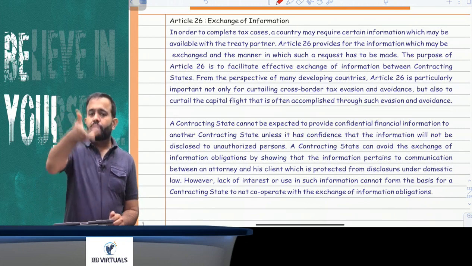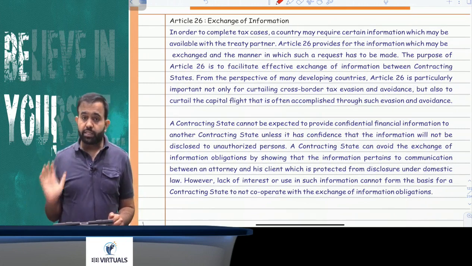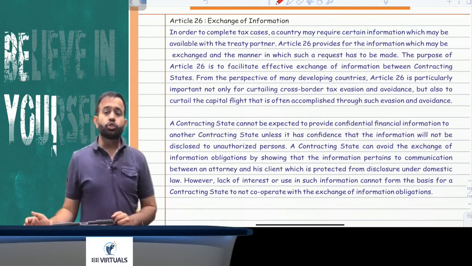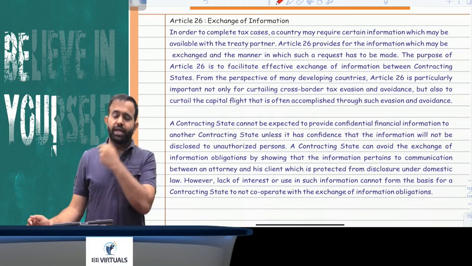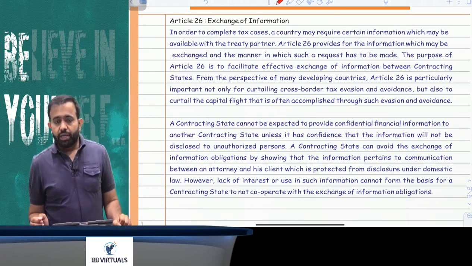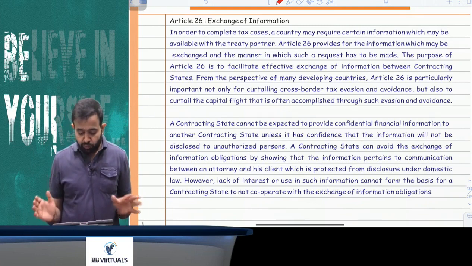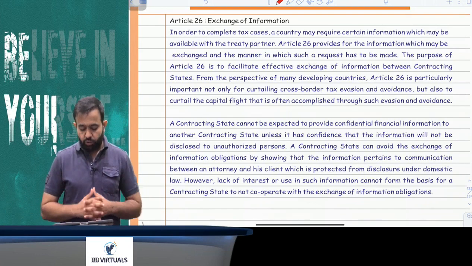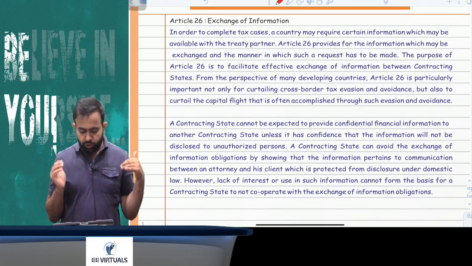Even if that information is not relevant under the other country's law, if one country asks for information, the other country should put in the effort to collect that information and provide it. But if that information is against public policy and all, then obviously they will not provide that information to the other country. You got my point or not?